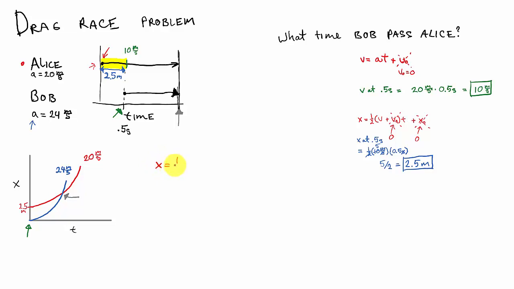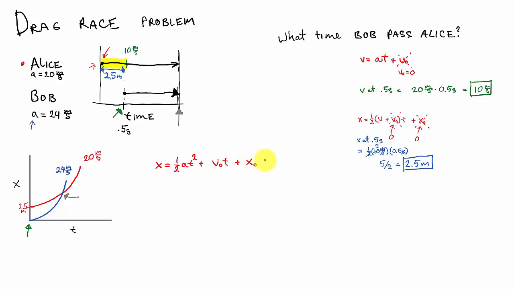X equals 1/2 acceleration times time squared plus velocity initial times time plus x initial.